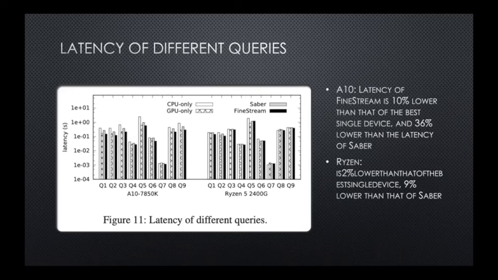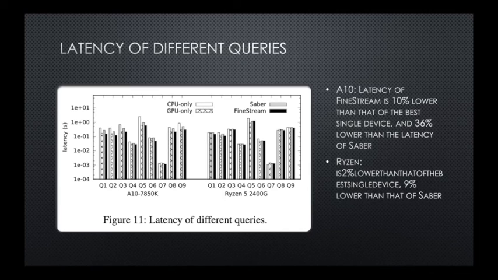Let's see the latency of the different queries. The latency is defined as the time from query start to end. FineStream has the lowest latency because FineStream assigns the operators to their suitable devices.